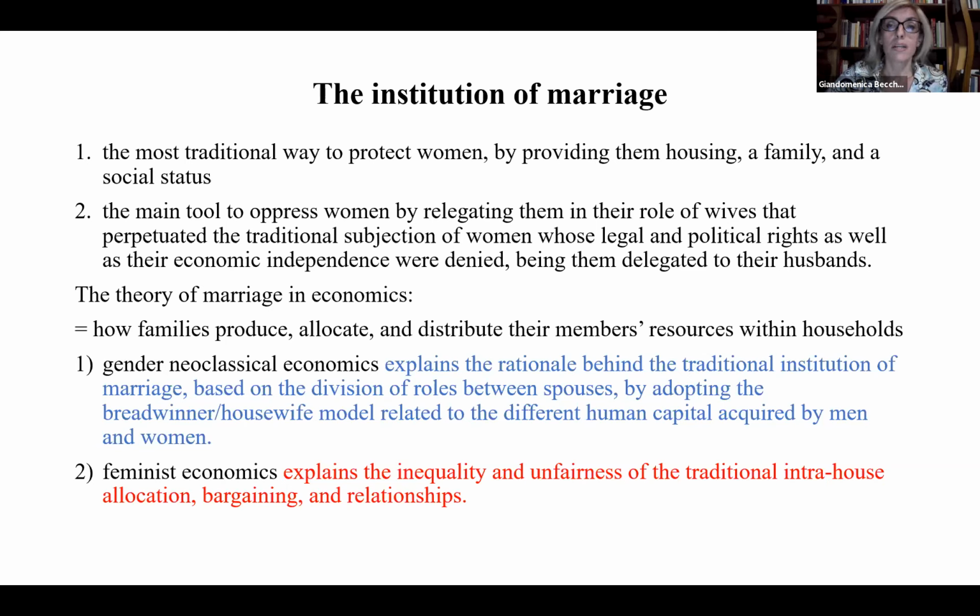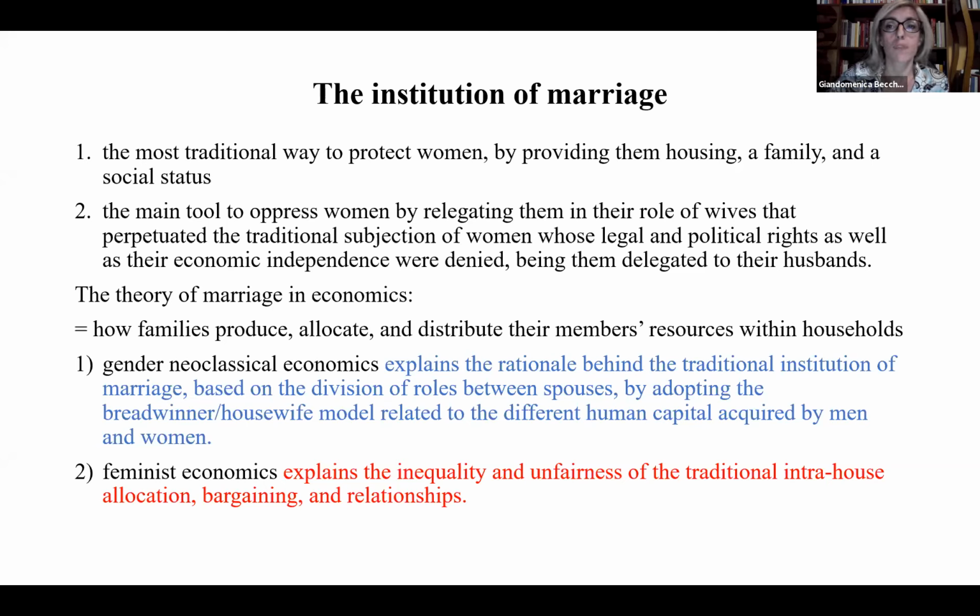Why? Because marriage perpetrated the relegation of women to their role of wives and to their subjected social roles. Because legal rights were absolutely delegated to husbands. And as we know, women's political rights were also delegated to husbands.